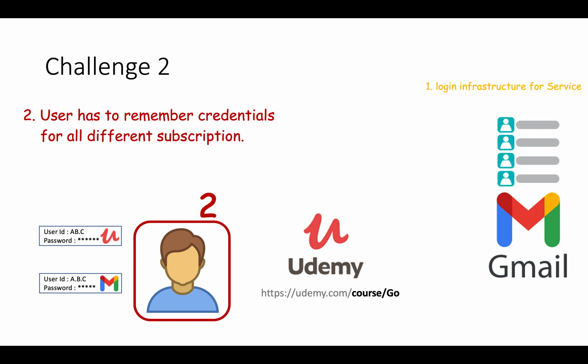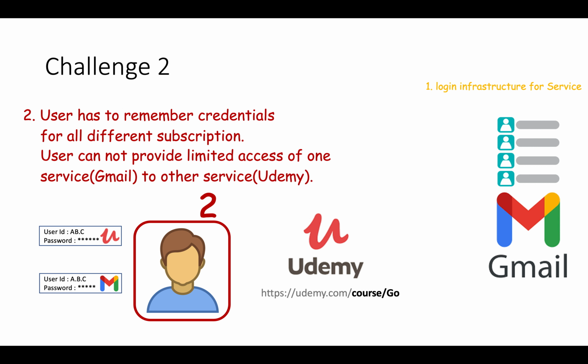But that is very risky, as Udemy may start Google Drive or any other Google service on behalf of the user. This is the challenge for the user. The user cannot provide limited access of one service to another service.